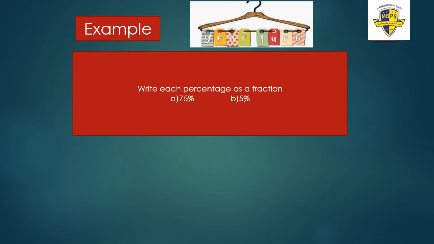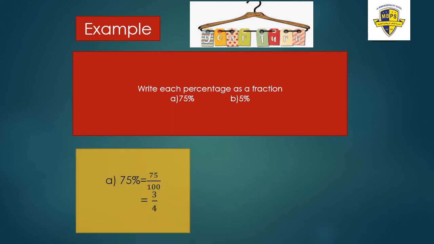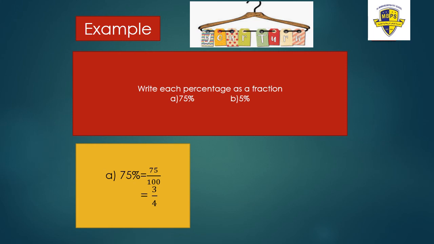Now we have another example. In this example, he wants us to find the fraction. He said write each percentage as a fraction. A is 75%, B is 5%. To solve A, we will write 75% as a fraction.